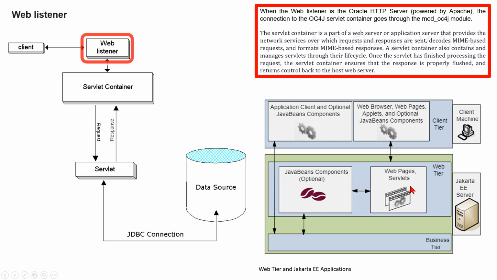Servlets are Java programming classes that dynamically process requests and construct responses. Jakarta Server Pages are text-based documents that execute as servlets but allow a more natural approach to creating static content. Jakarta Faces technology is built on servlets and Jakarta Server Pages technology and provides a user interface component framework for web applications.